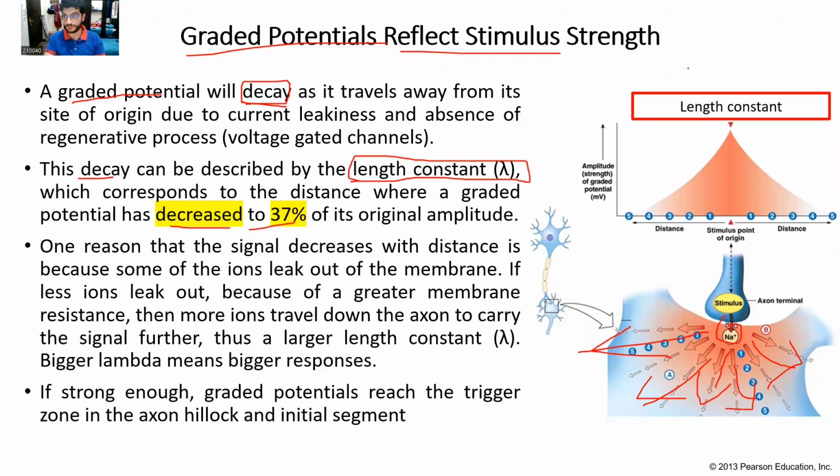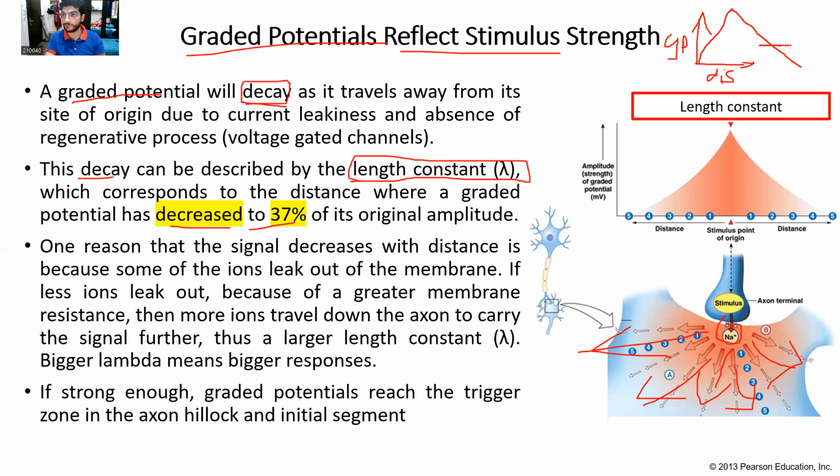Say this is our graded potential over here. I'm going to make a quick graph, okay? This is the x-axis, this is the y-axis. Say this is distance, and this is graded potential. Say the graded potential goes all the way up here, and then it starts going down until it reaches back to whatever value it started from.